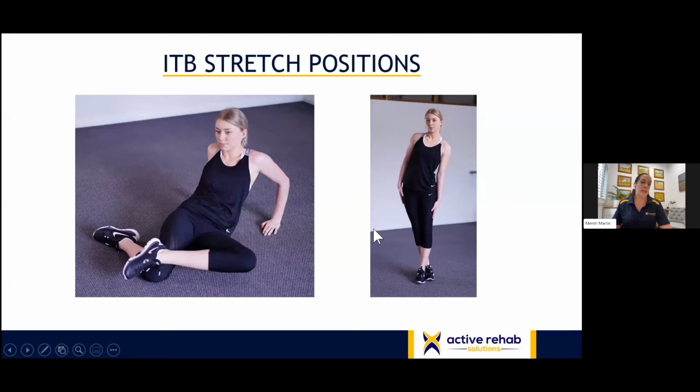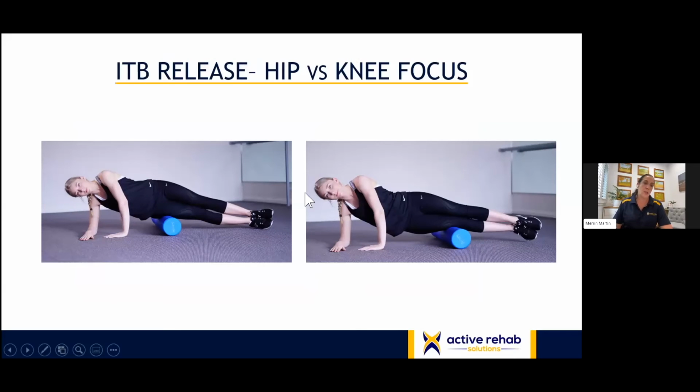Now, holding it again 20, 30 seconds, there's a lot of argument. I'm not going to talk about stretching at this stage of the game, but that is one way to try and improve a bit of mobility or reduce that tightness in those lateral structures. You could do a bit of a release with the foam roller.